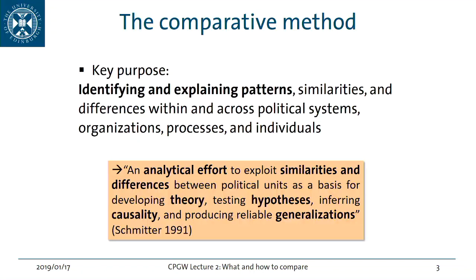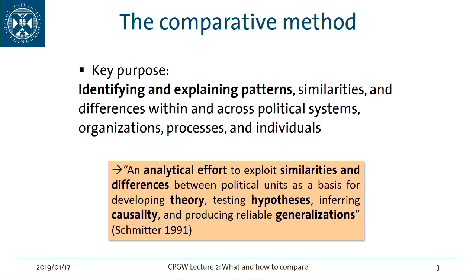Remember, this is basically the same definition that we had on Monday already. The key purpose of our job when we do comparative politics is that we want to identify patterns. We don't only want to say, well, this system looks like that, and that system looks like this, but we want to say something general about, for example, proportional systems, presidential systems, systems with prosperous economies, and systems with less prosperous economies.